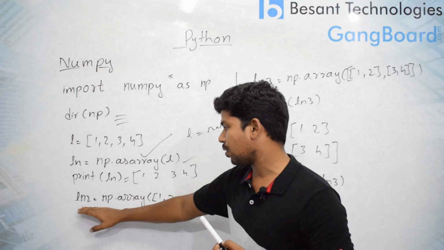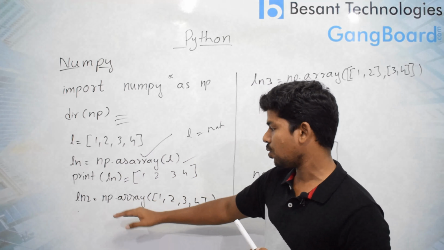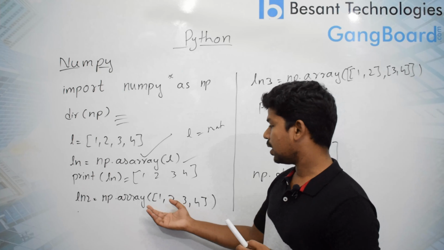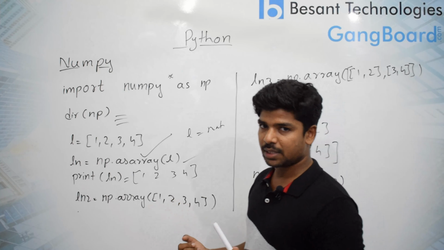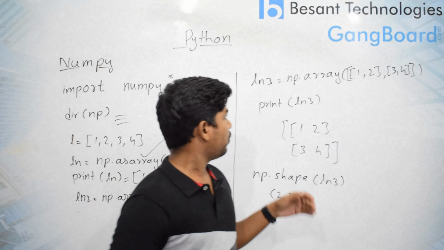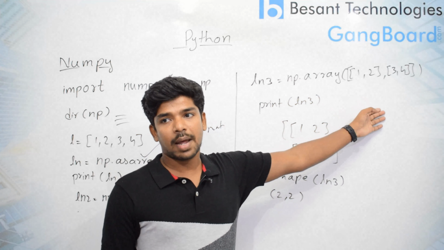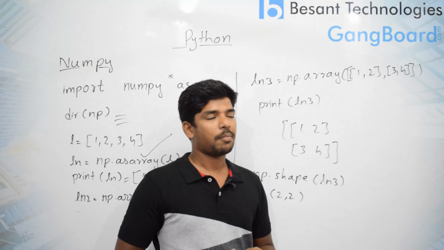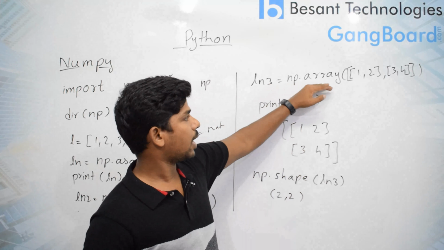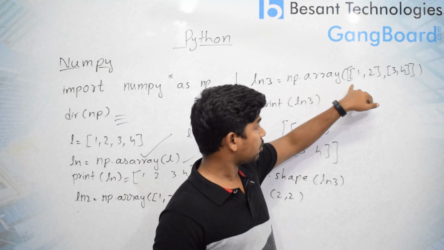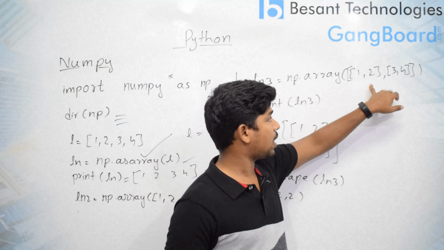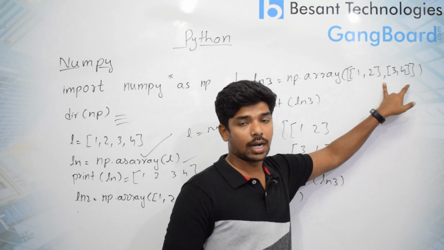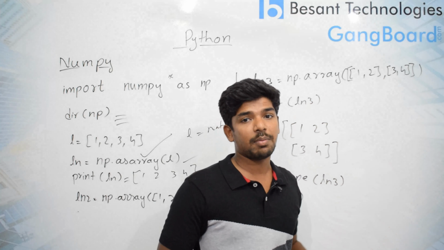So np dot array will create a mathematical matrix, a single dimensional matrix. Now we can create a multi-dimensional matrix also, that is np dot array of one, inside square brackets using 2 different list items separated by a comma, which will give you a 2-dimensional matrix.